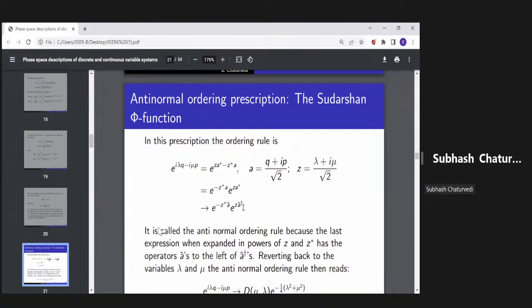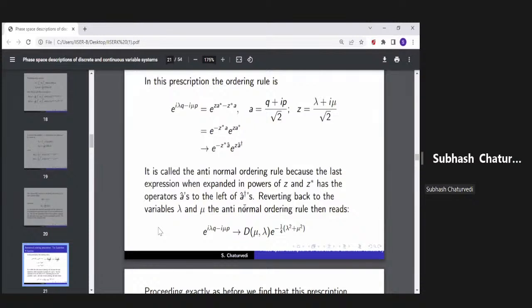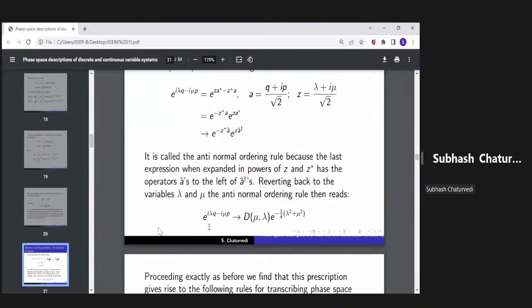This is called the antinormal ordering rule, which in terms of the exponential function of Q and P reads in this way. Now we have a displacement operator times an exponential with a minus sign compared to what we had in the context of the normal ordering rule.